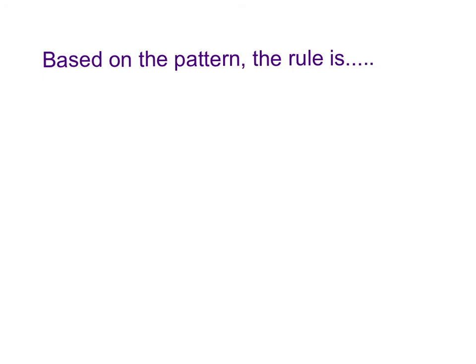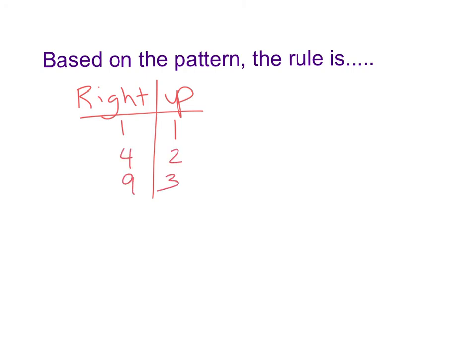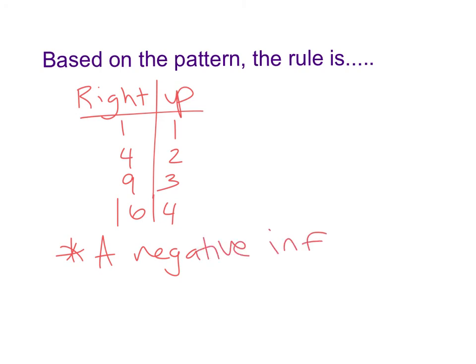Okay, so the rule is, I'm going to make it right, just so we don't get confused. So our rule is right, up, 1, 1. Oh my goodness, my brain sometimes. 4, 2, 9, 3, 16, 4. And then a negative in front of the square root flips it upside down.